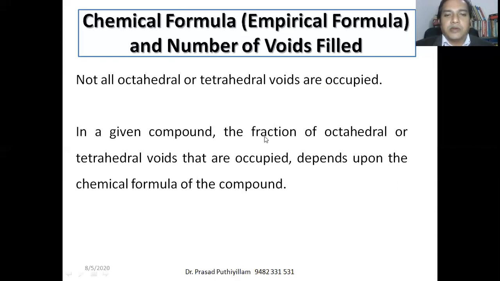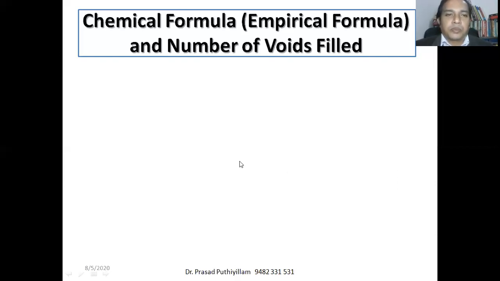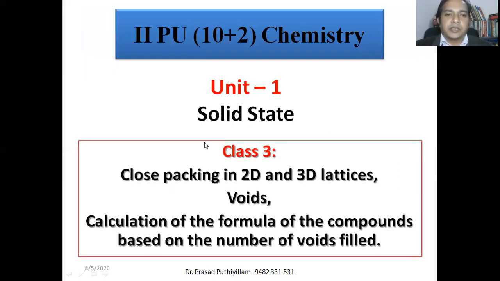In a given compound, only a fraction of the octahedral or tetrahedral voids are occupied, depending upon the chemical formula of the compound. Explanation with examples will continue in the next class, class number 4. So this is class number 3, where we discussed close packing in 2 dimensions and 3 dimensions, the voids, and an introduction to calculating the formula from the number of voids filled.